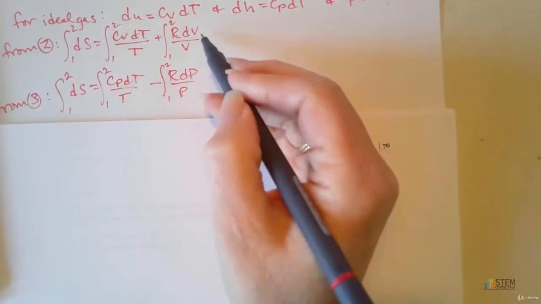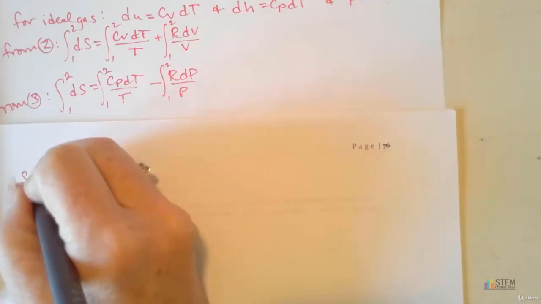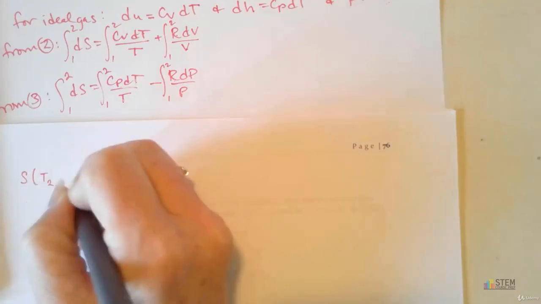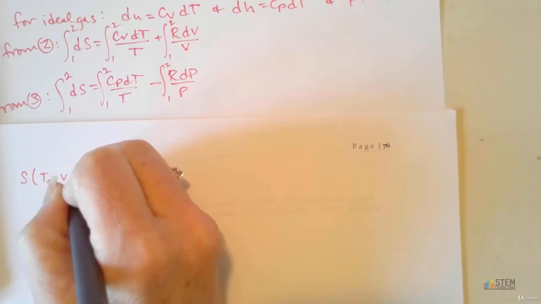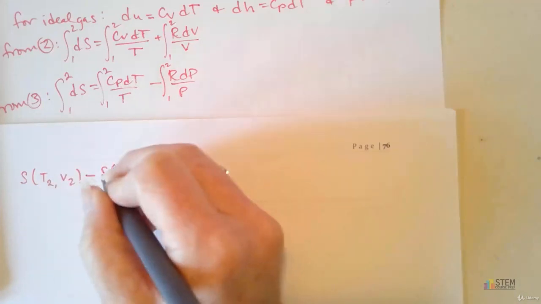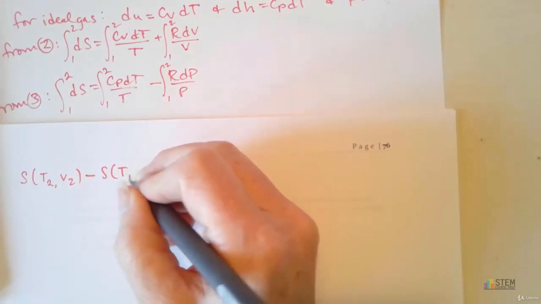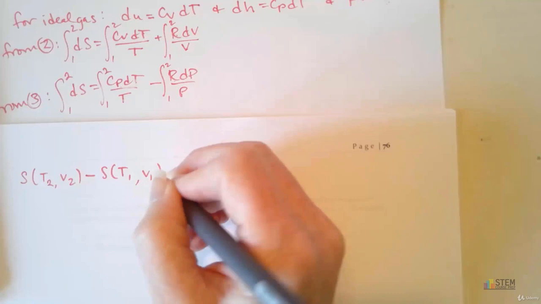So from this first one, you're going to get S, and this is going to be a function of your temperature at state 2 and your specific volume of state 2 minus the entropy, and that'll be at T1 and V1.